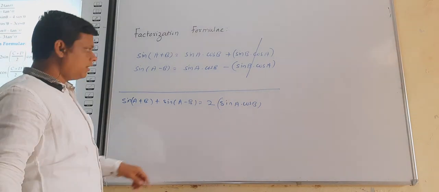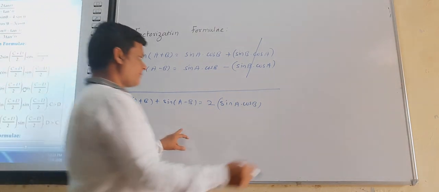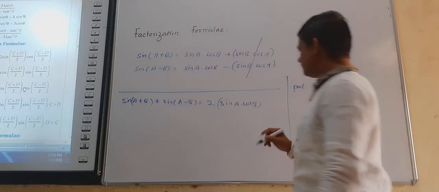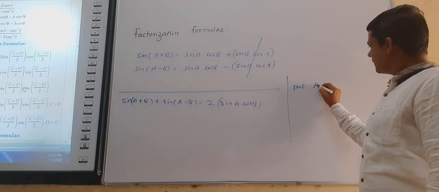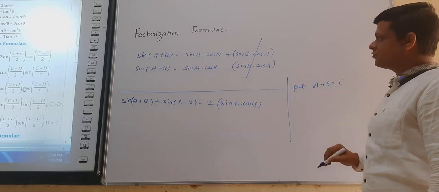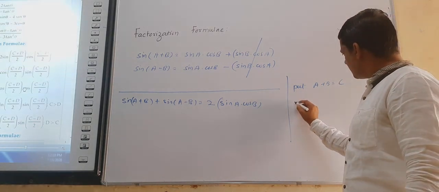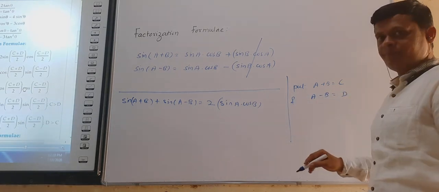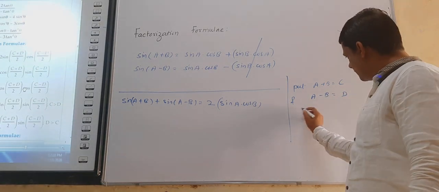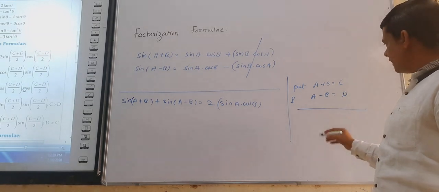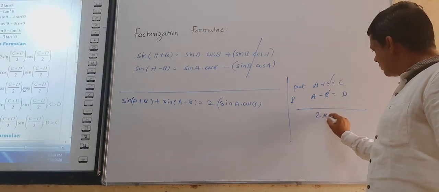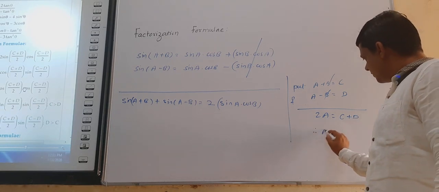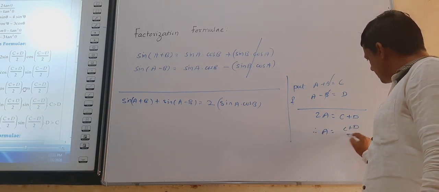Now if we substitute a plus b equals c and a minus b equals d, then after adding, we get twice a equals c plus d. Therefore, a equals c plus d by 2.